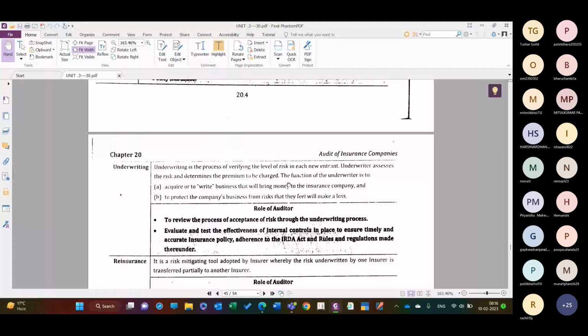Underwriting. Underwriting is a process of verifying the level of risk in each new entrant. The underwriter assesses the risk and determines the premium to be charged.